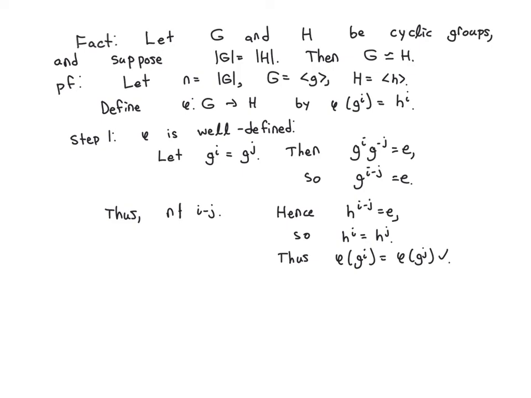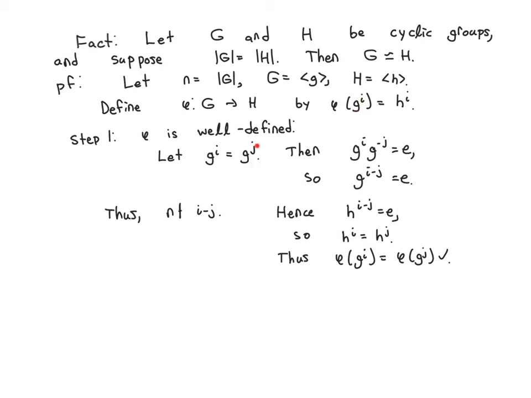You need to check that phi of g to the 17th is going to be the same as phi of g squared, because this formula we have right here depends on i. And I've mentioned this before, whenever your definition of your function depends on something other than the element you're putting into it, you have to check that it's actually a well-defined function. So let's check that.